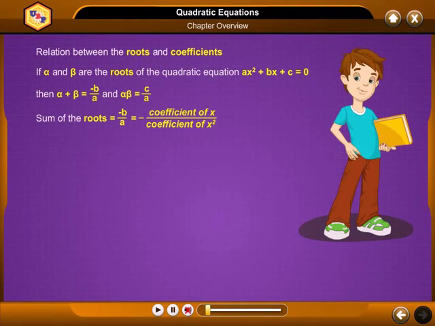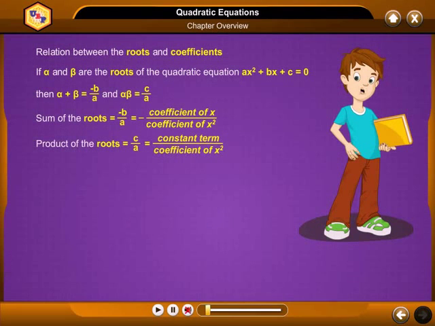Sum of the roots is equal to minus b upon a, which is minus coefficient of x upon coefficient of x square. Product of the roots is equal to c upon a, which is constant term upon coefficient of x square.